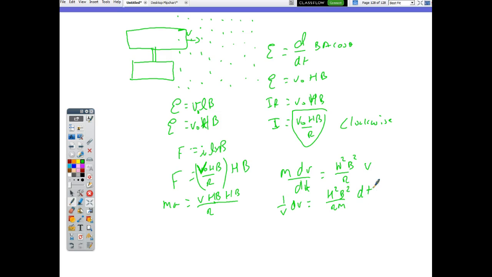Agreed? Integrate both sides. By now I know the drill, right? This becomes ln of V, absolute value, equals H squared B squared over Rm times t plus C.